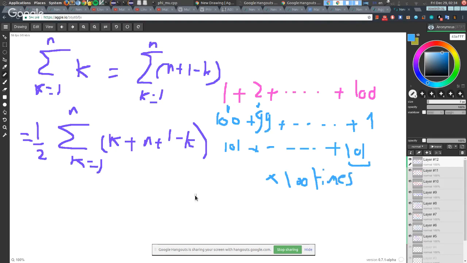So basically this summation, we call it S, then we have 2S is equal to 101 times 100, and when we divide this by 2, we get the answer. So this idea is called the Gaussian pairs. We have these pairs that could be formed with symmetry. So yeah, this was called a Gaussian pair.